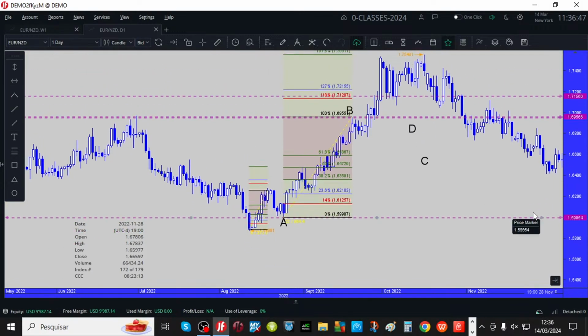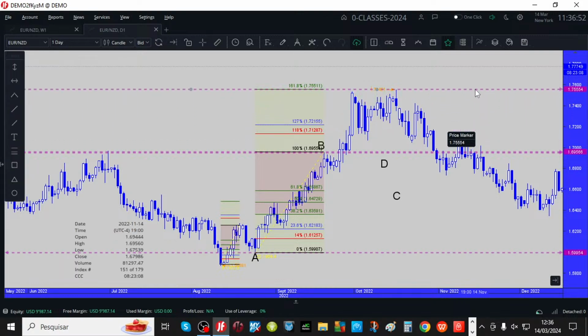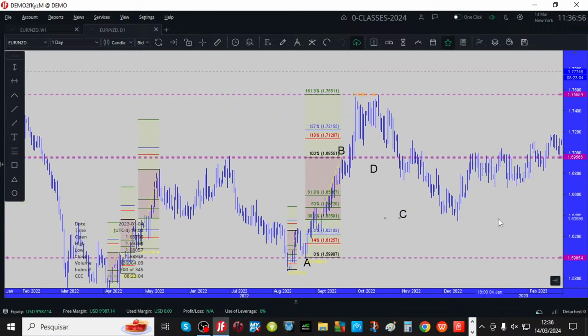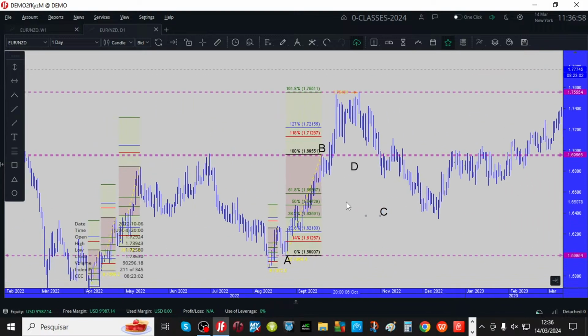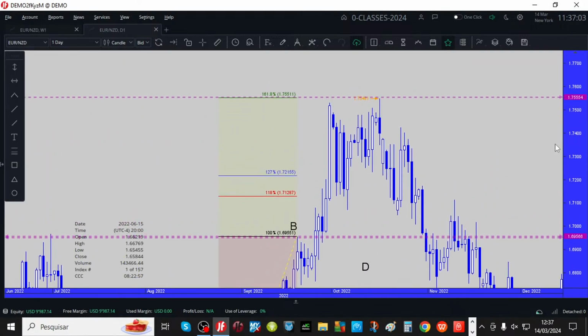A, B, C, D. Now let's see if the market hit the extension. Zooming out. All right, let's see.